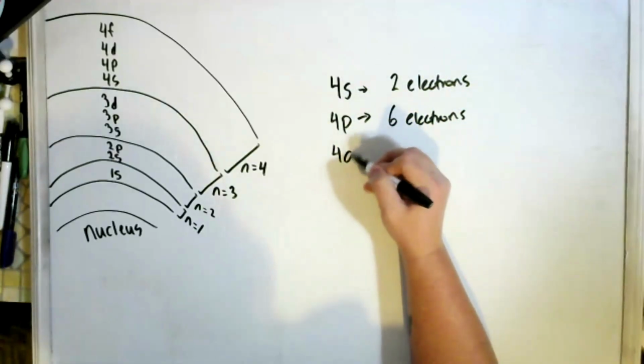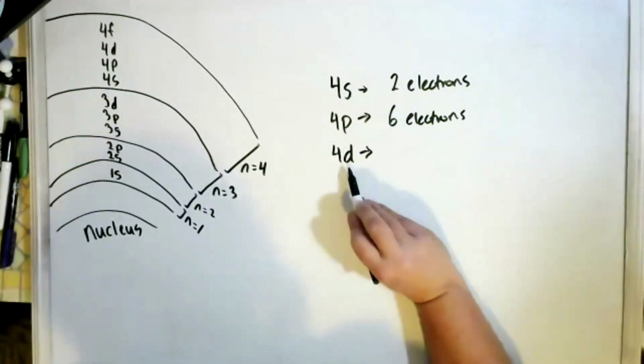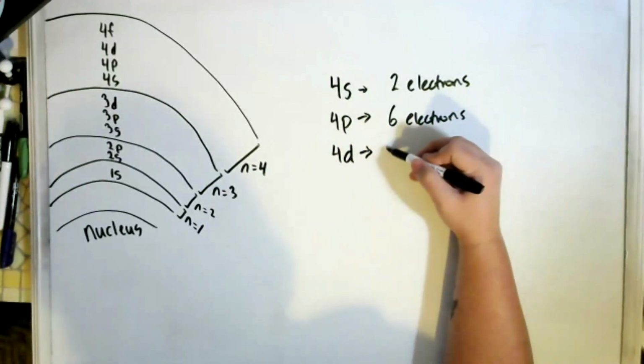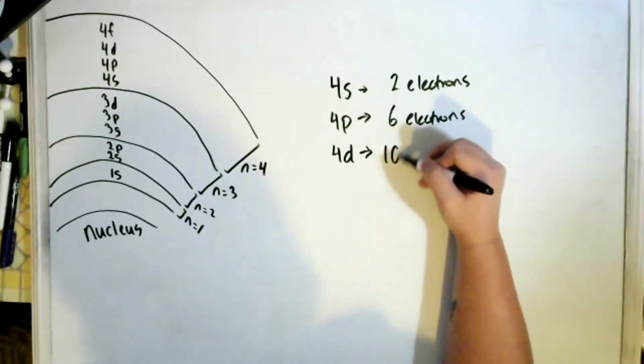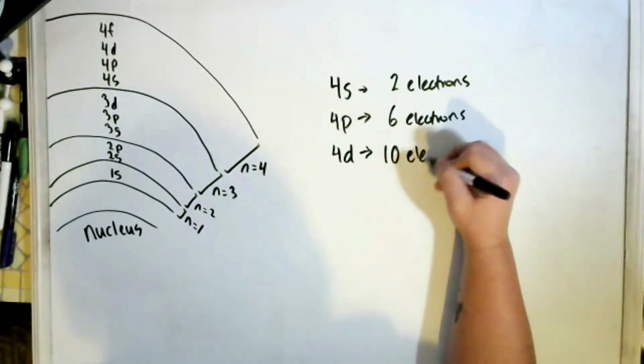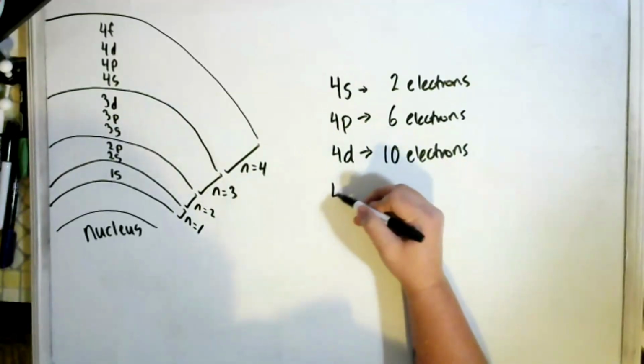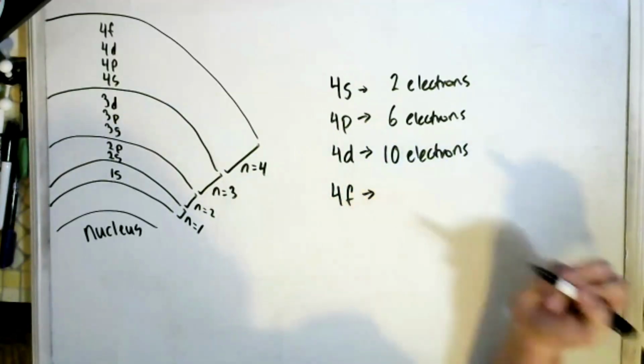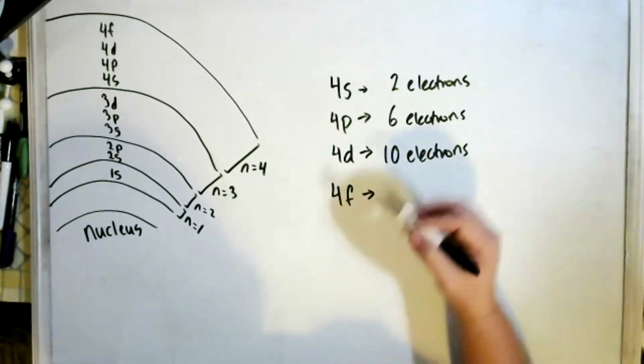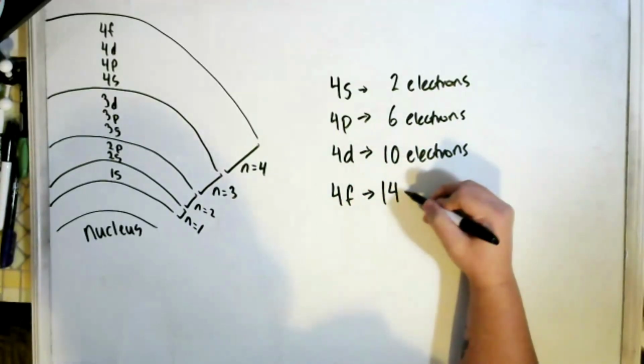When we're looking at the 4d sublevel, every d sublevel can hold a maximum of 10 electrons. And for our 4f sublevel, F sublevels can hold a maximum of 14 electrons.